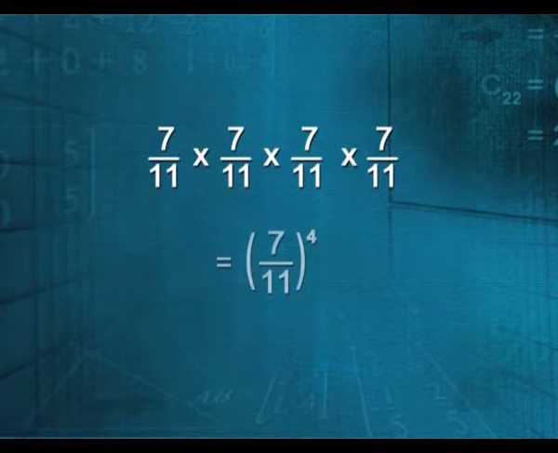The number is 7 by 11, and how many times is it multiplied to itself? 4 times. Therefore, the exponential form will be 7 by 11 raised to power 4, where 4 is the exponent and 7 by 11 is the base.